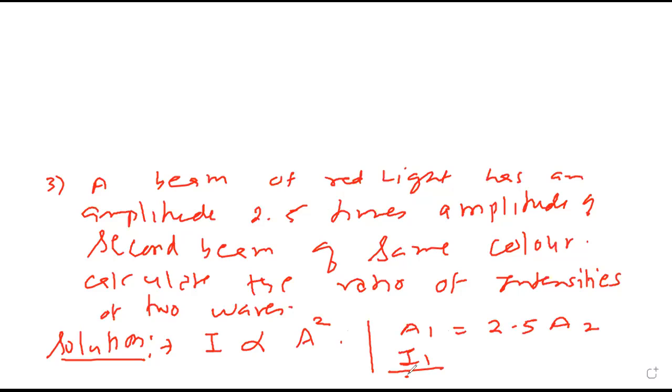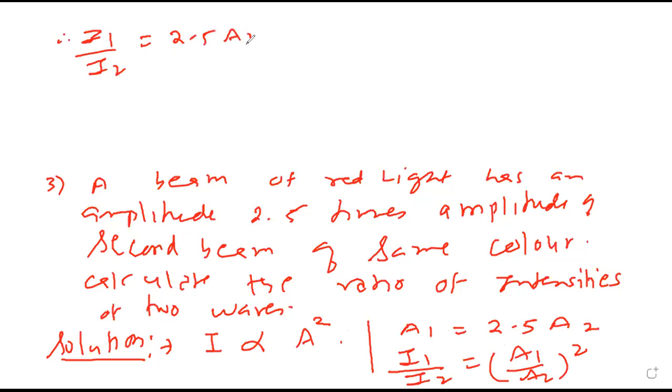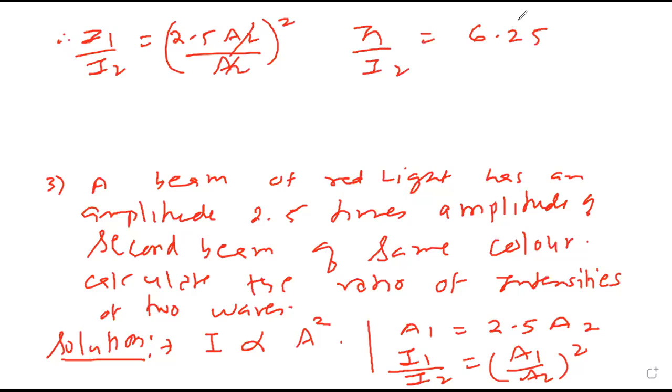So I1 upon I2 is A1 upon A2 whole square. Therefore, I1 upon I2 is 2.5 A2 upon A2 square, which is 2.5 square, 6.25. So the answer, ratio of intensity is 6.25.